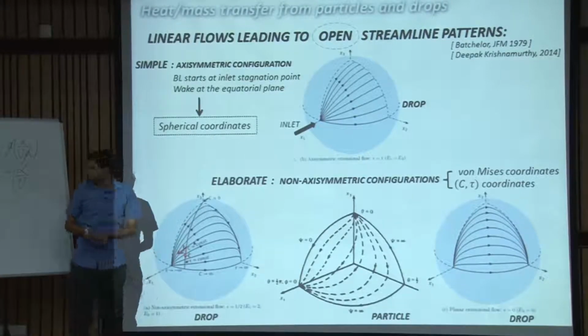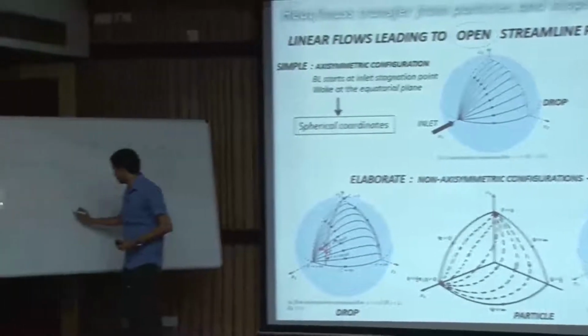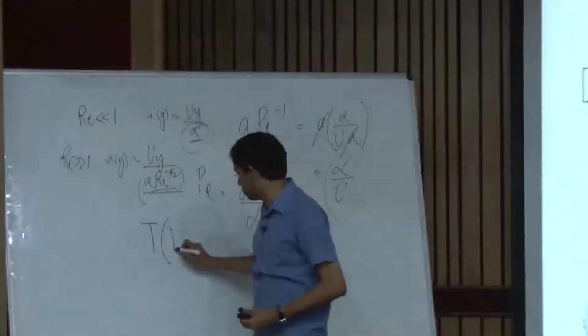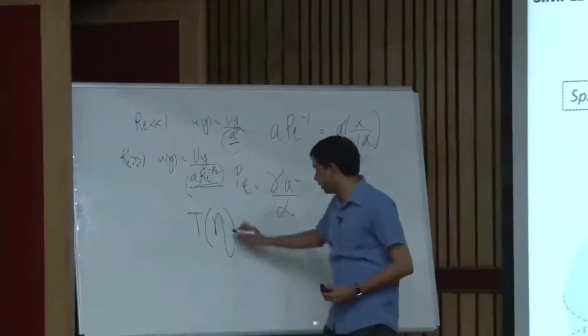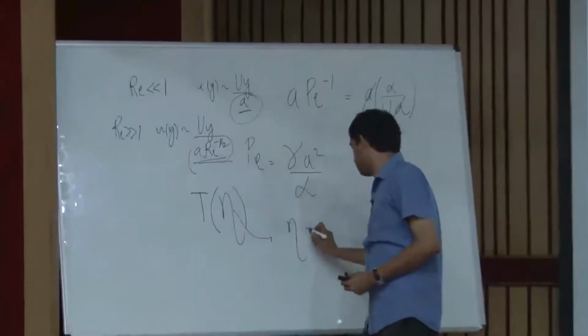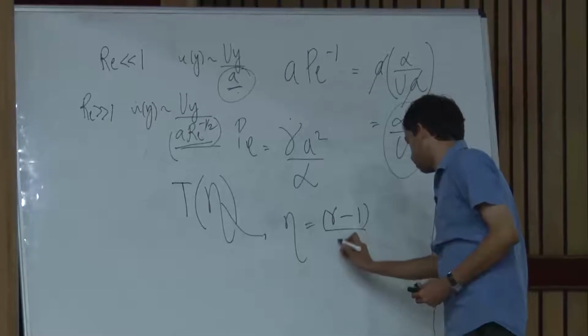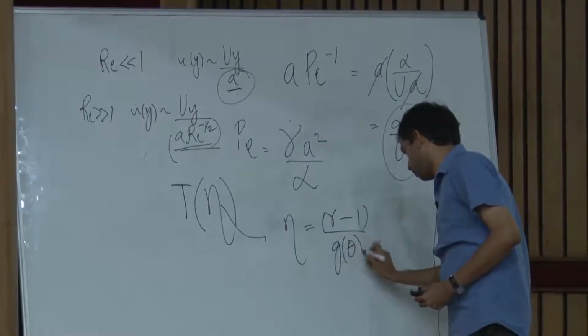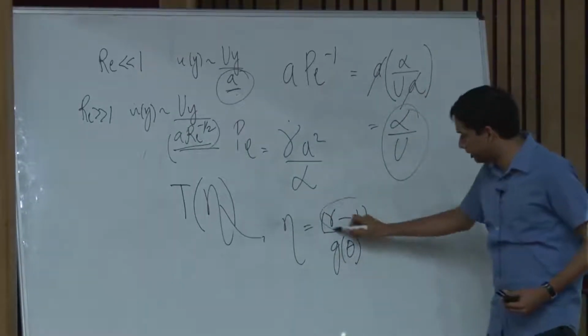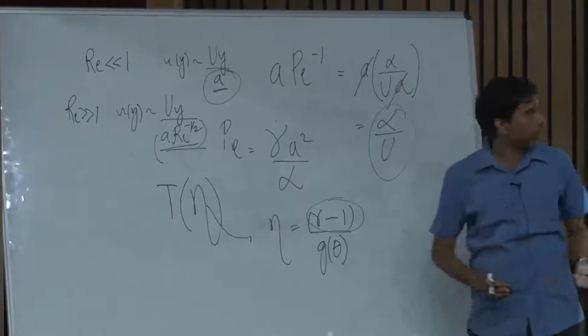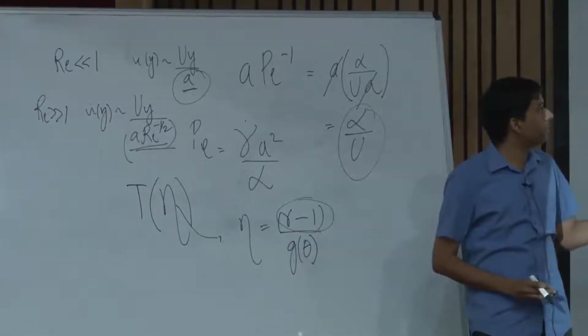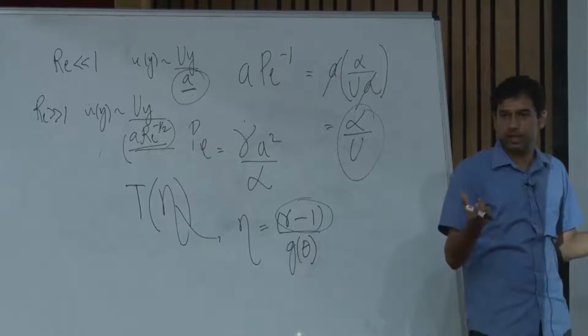Okay? So you look for a solution, a temperature field that is a function of a similarity variable eta, and eta is... okay, so r is really the distance from the surface. That's what matters, right? For a boundary layer, the actual radial distance is just the radius of the drop.